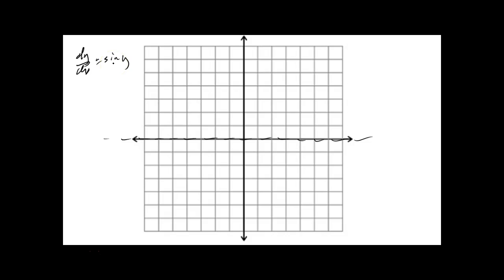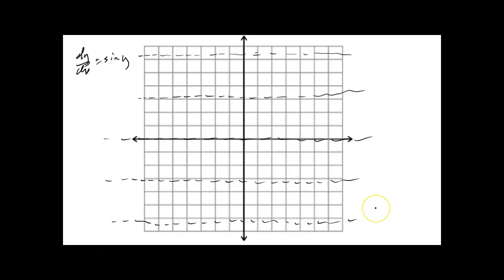And then pi, that would be just past 3, there's a critical point, and a little further past 6, 6.28, there's a critical point. At negative pi, you have a critical point, negative 3.14, and negative 6.28.